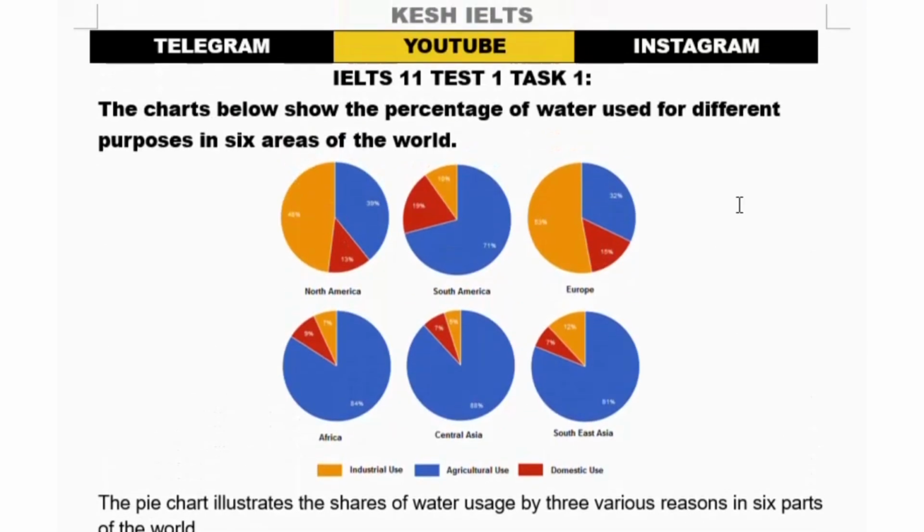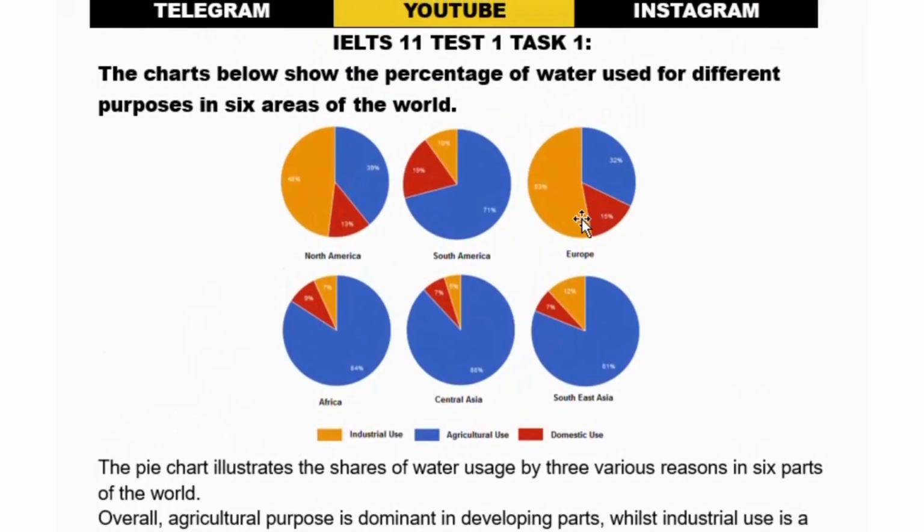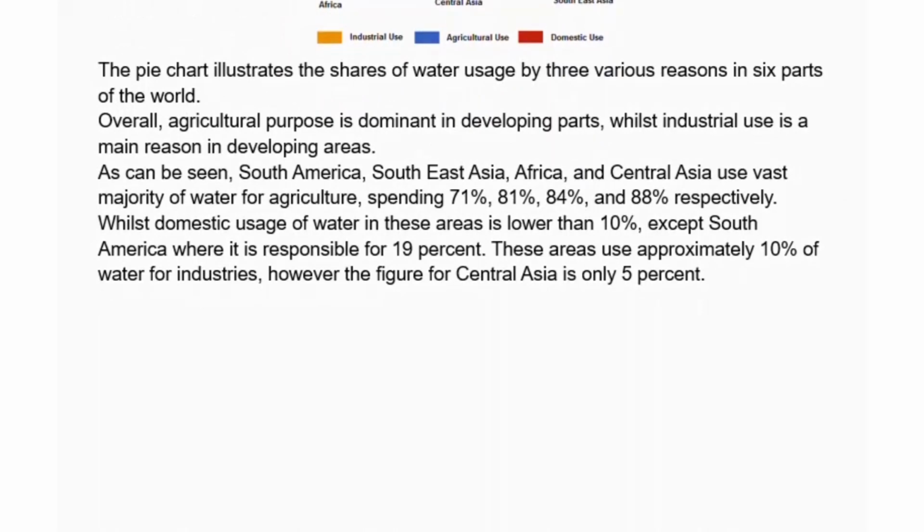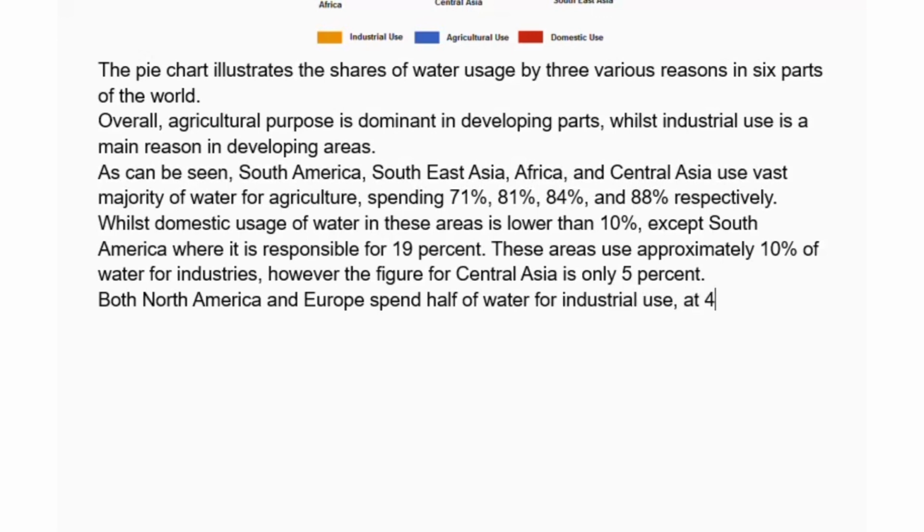As you can see, we have two areas left, and we left them behind, so I'll try to write them. Both North America and Europe spend half of their water for industrial use, at 48% and 53% respectively.